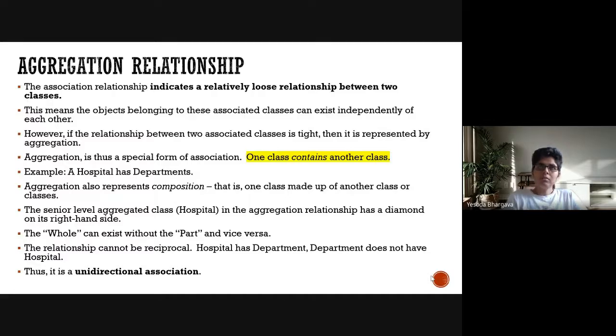For example, a hospital can have multiple departments. So in that way, a hospital is an aggregate of multiple departments. So if there is a hospital class and there is a department class, then you would draw two rectangles for these particular classes, and then you would show them relating to each other by the aggregation relationship.